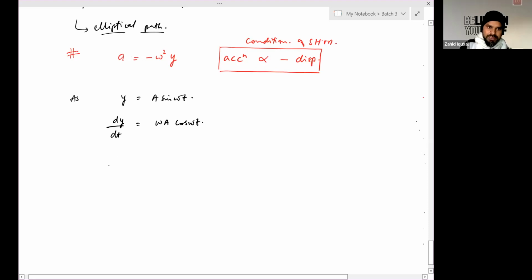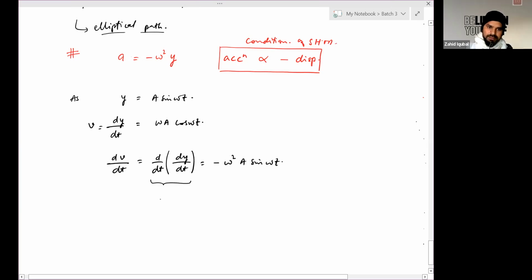If you again differentiate it, that is dv over dt, you may write d over dt of dy over dt, it will equal minus omega squared A times sine omega t.